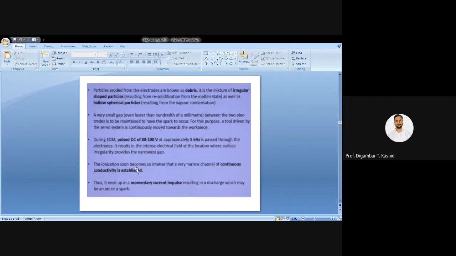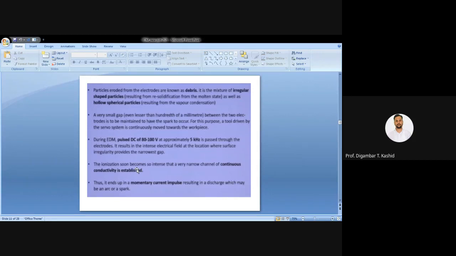Okay, and the gap is very small, lesser than one hundredth of a millimeter, that means 1 by 100 of a millimeter. That small gap between your two electrodes is to be maintained. For what purpose? To have the spark occur in that small minimum gap.